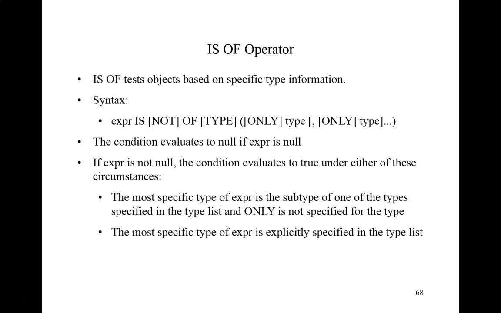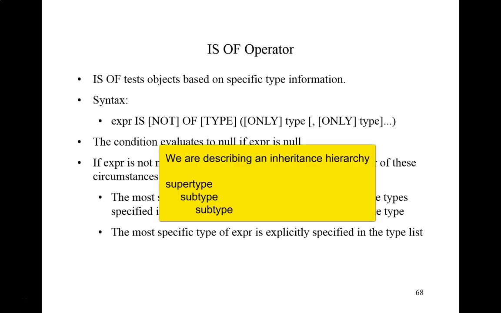The isOfType operator or predicate tests object instances for the level of specialization of their type. For any object that is not of a specified subtype, or a subtype of a specified subtype, isOf returns false.